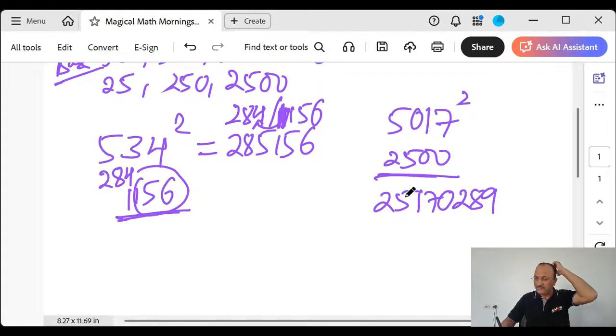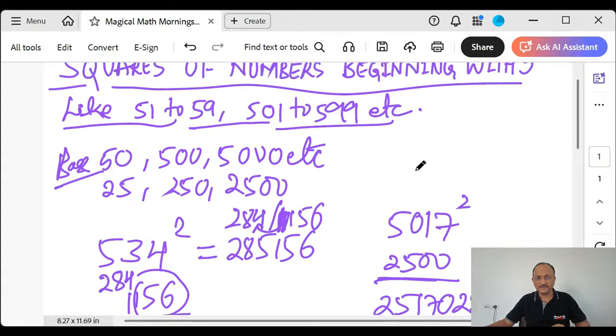Just to make a quick recap: whenever the number starts with 5, like 51 to 59, 501 to 599, or even 5001 to 5999, you take half of 50, 500, or 5000 as the base. You get the first half by adding whatever digits are left other than 5 to this base.